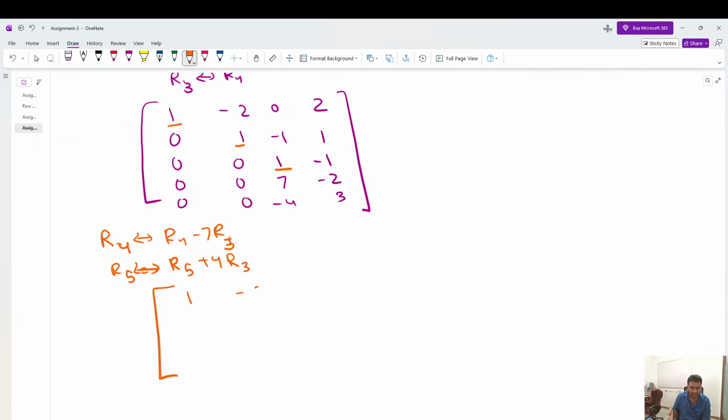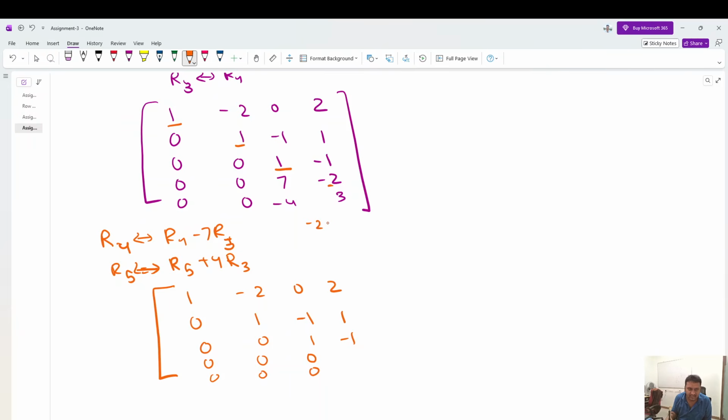So 1 minus 2, 0, 2, 0, 1, minus 1, 1, 0, 0, 1, minus 1, 0, 0. This will be also 0. This will be also 0. I mean, like how you're doing. And now what will happen here? Minus 2 for this entry.